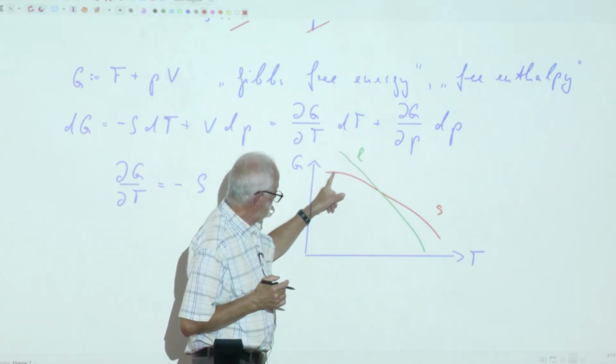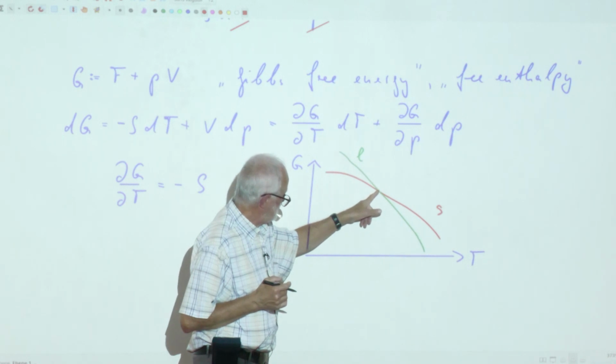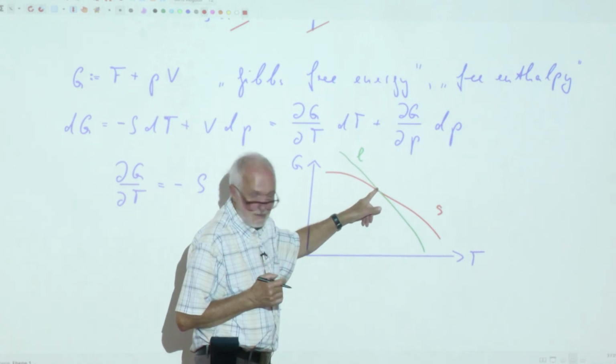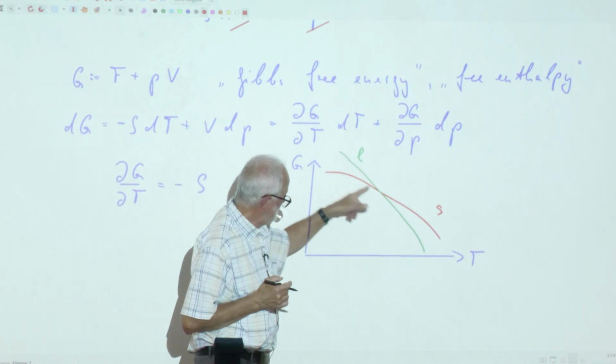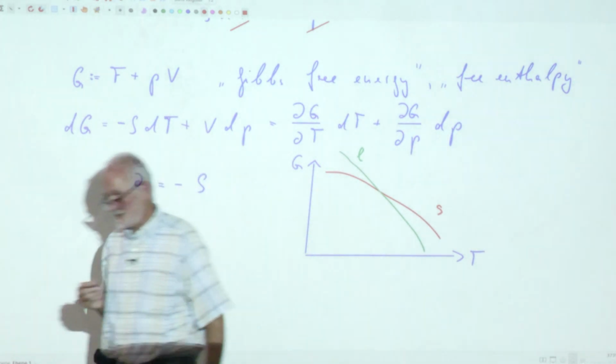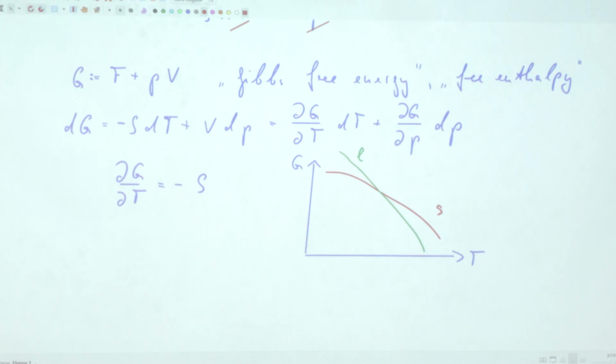This means for temperatures to the left of this intersection point, we have this stable phase, and to the right, we have that stable phase. So here we have a solid phase, and here we have a liquid phase, and we have the melting temperature here.